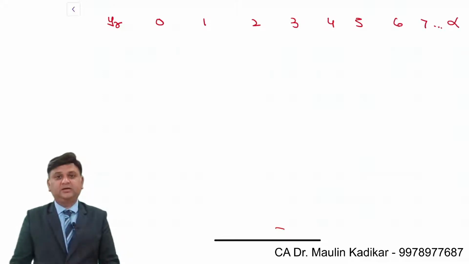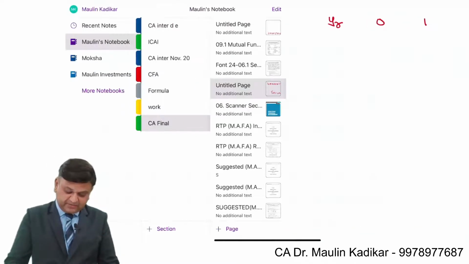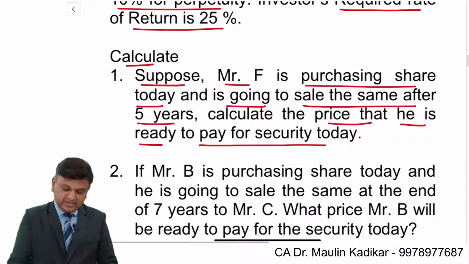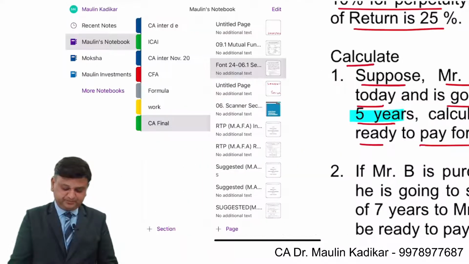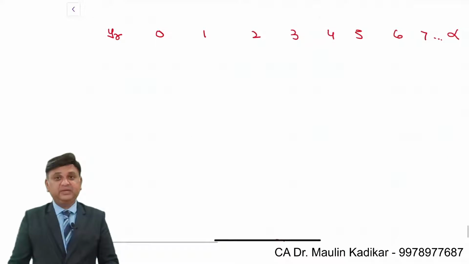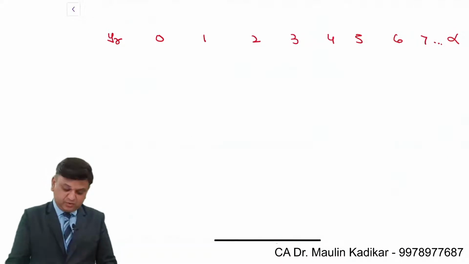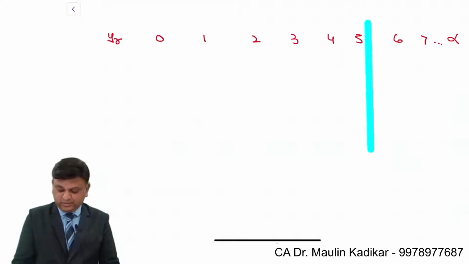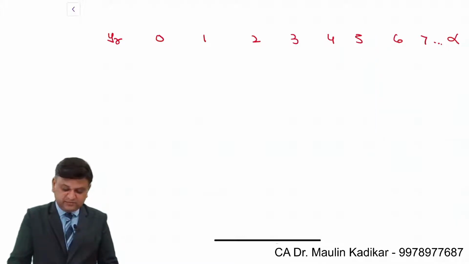We know that the life of the security is for perpetuity. Language of the question speaks like this, that Mr. F is purchasing the share today and he is going to sell the same after 5 years. Means it has been provided very clearly to us that investor is going to hold the security for a time period of 5 years.